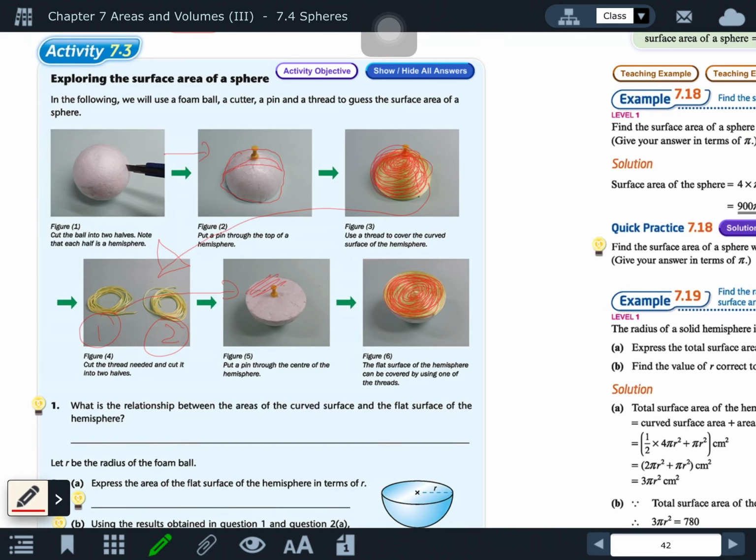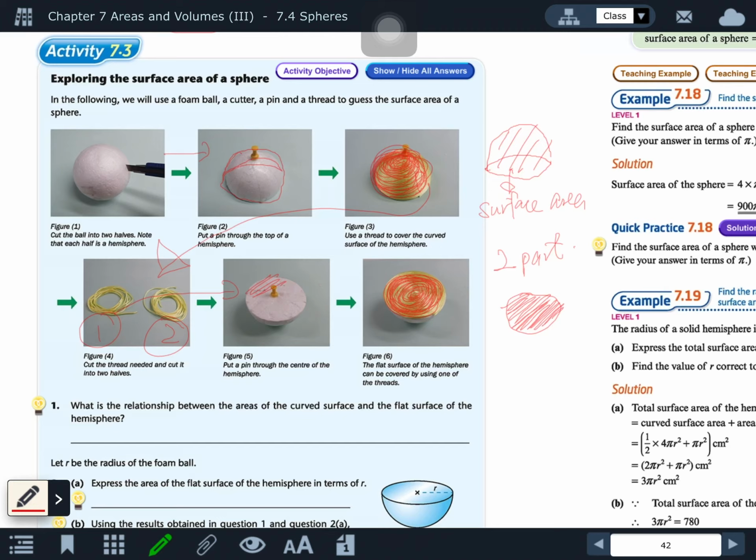What this activity tells us is that for a hemisphere, the surface area, represented by the loop, equals 2 parts of the cross-section area of the sphere.